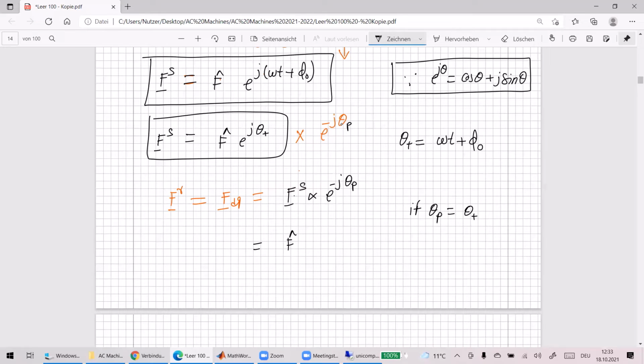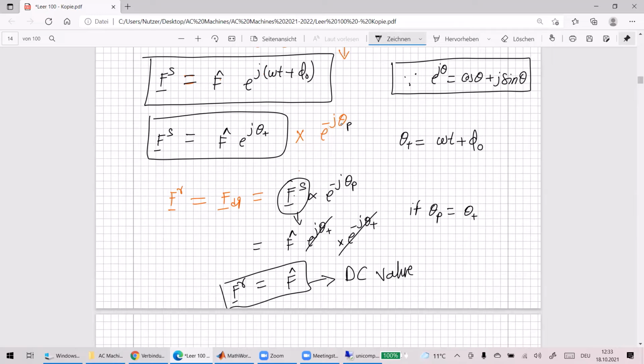So for this stationary, we can write f cap into e power j theta positive, and then we have this into e power minus j theta positive, and these two cancel out each other, and then we have this f cap. And for sure, this is your DC value. There is no e power j theta, so it means there is no cos value, there is no sine value. You just have your DC value. Sounds beautiful?